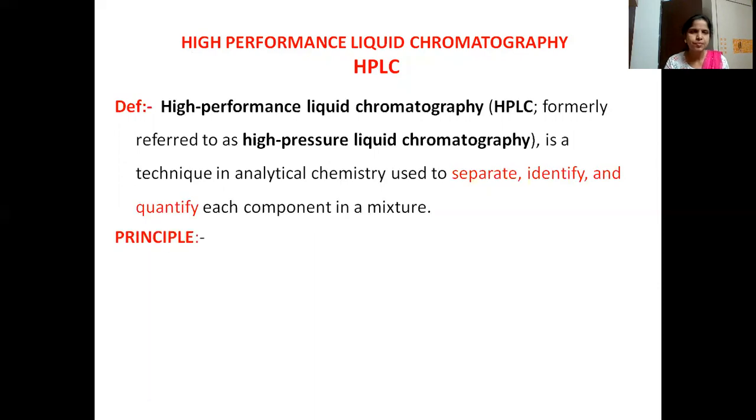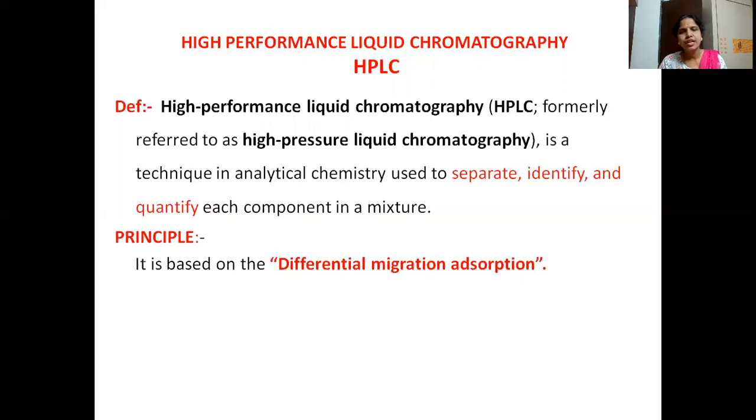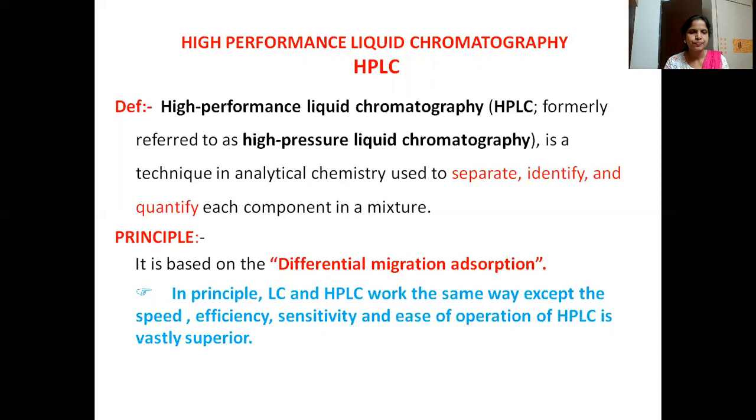Now, what is the principle behind HPLC? It is based on differential migration adsorption. Similar to column chromatography, here the separation takes place because of the differential adsorption of the components to the stationary phase.